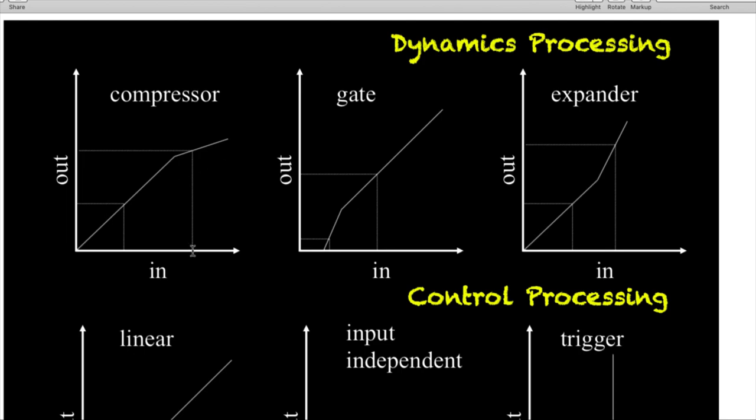In that case, for an input value, you get a slightly lower output value. You see, this would be the exact same output value, and it's slightly lower than that. So everything that goes below the 45 degrees, below the linear graph here, will actually yield a lower output value.